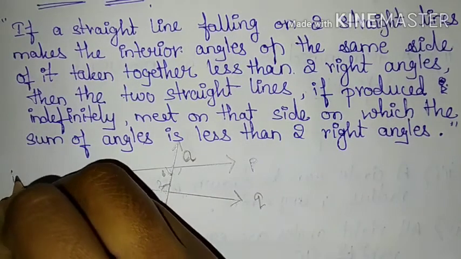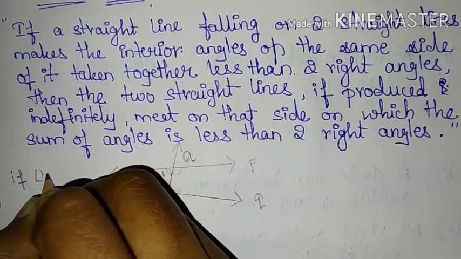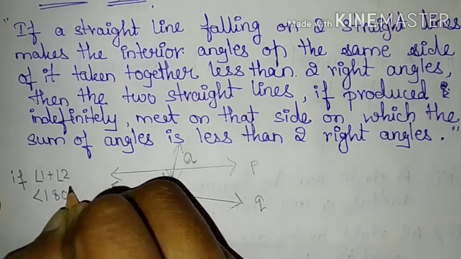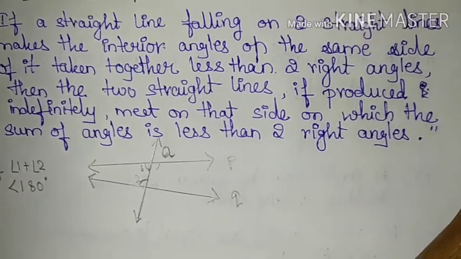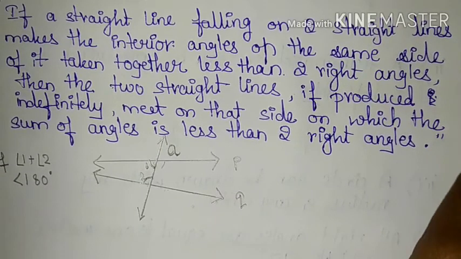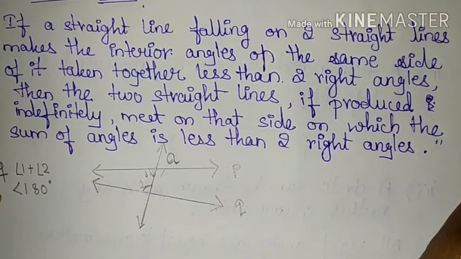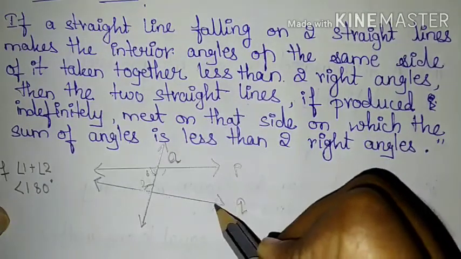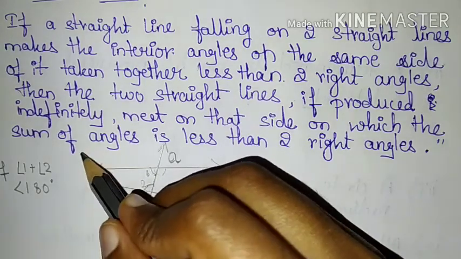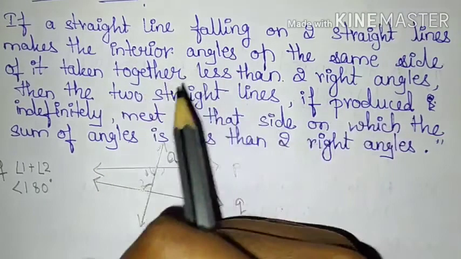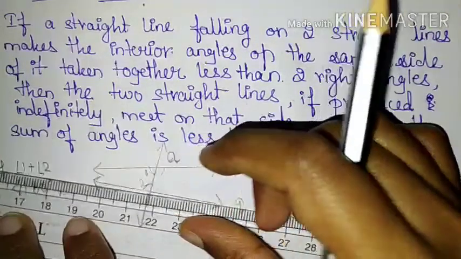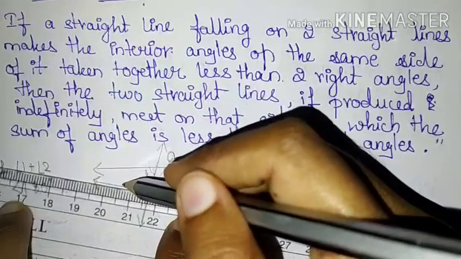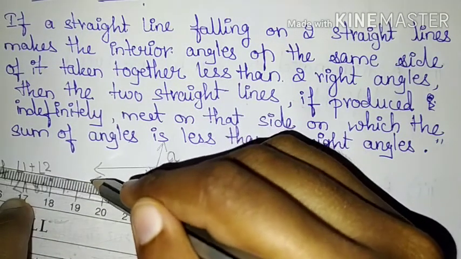If angle 1 plus angle 2 is less than 180 degrees, that is two right angles, 2 into 90, which is equal to 180 degrees, then these two straight lines, if they are produced indefinitely, will meet on the same side where the sum is less than 180.